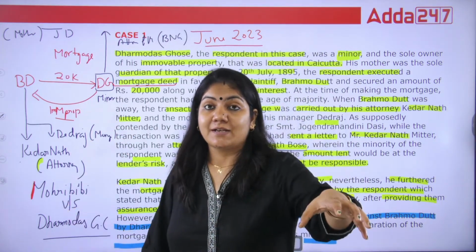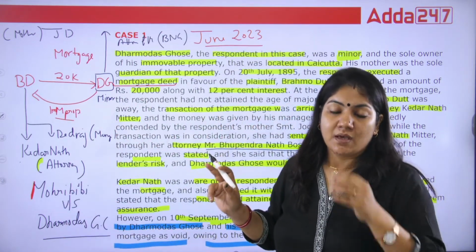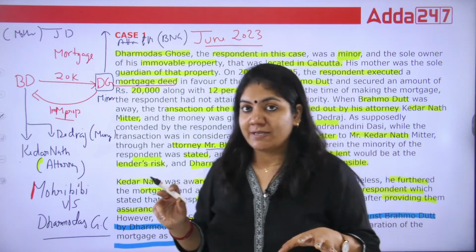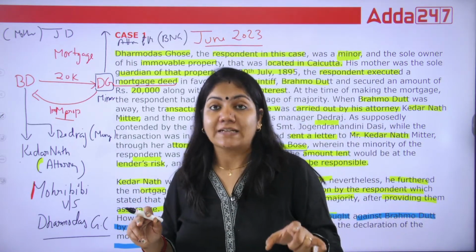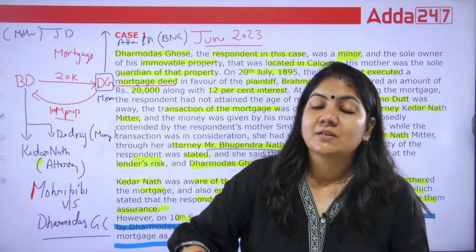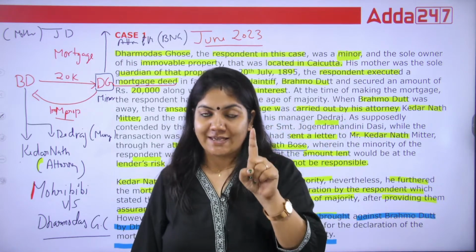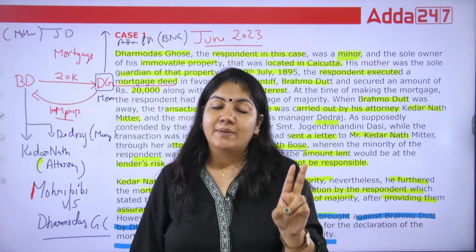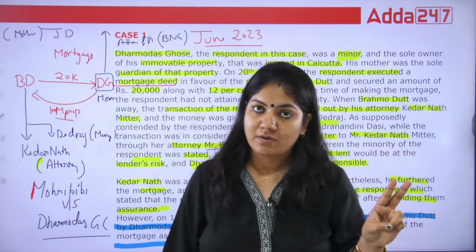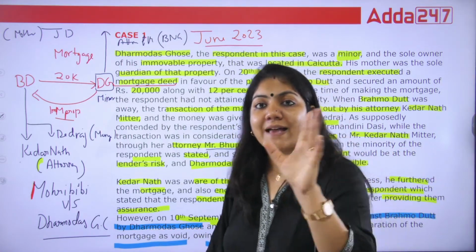In the paid class, we always make this statement because a minor is below 18, and in the Contract Act it is written that the person coming into the contract must be above 18, capable of understanding what is right and what is wrong, and must not be disqualified by the law. So this is the exact answer.